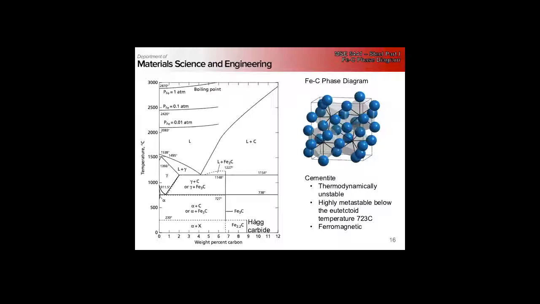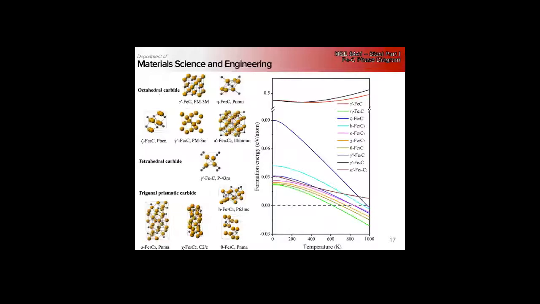But there's a whole bunch of other carbides that are possible. At these lower temperatures for very long times, we get these Hägg carbides, right? And there's a whole suite of other possible carbides that can show up. So here's another picture of cementite, and the Hägg carbide is here.